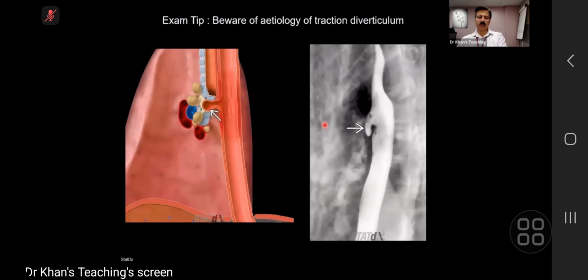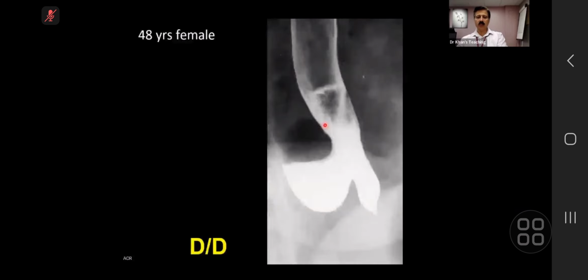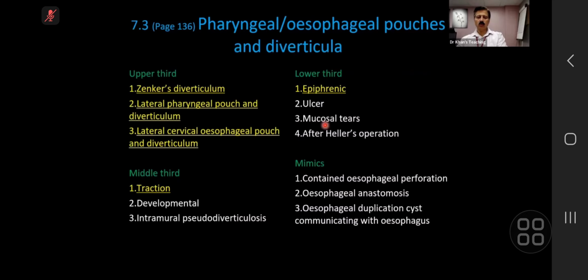So beware of traction diverticulum for the exam. Epiphrenic diverticulum can also be because of what we call pulsion diverticulum, because of motility disorders. So this is the list in your exam, but I just wanted to show you the exam cases which have come or can come.